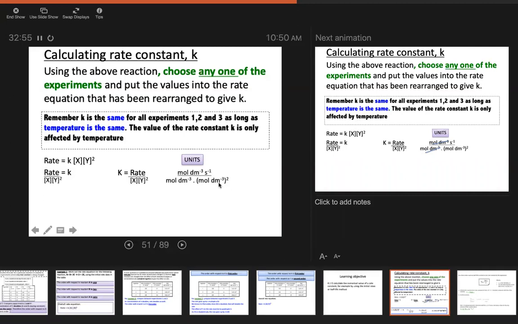Therefore, you square the mole per dm cube for Y. And then you can cancel out the mole per dm cube. You carry up the mole per dm cube squared to become mole to the power of minus 2, dm to the power of positive 6, second to the power of minus 1.